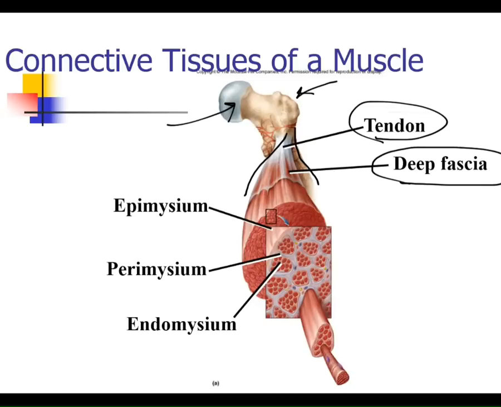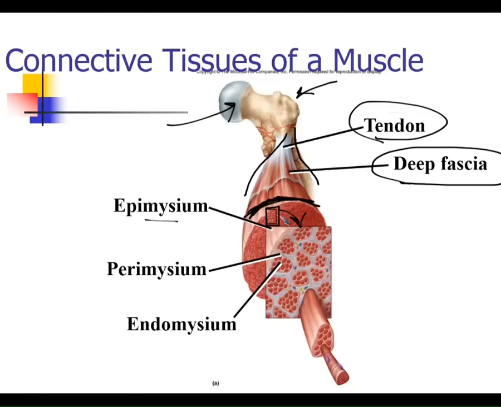Now, let's take a look at these other 3 layers. We're going to take a look in this box. So we've got this box, and we're now going to blow it up into this bigger area. On the outside, where my pointer is, where I'm coloring right now, that outer layer would be called the epimysium. It's the layer surrounding the entire muscle.